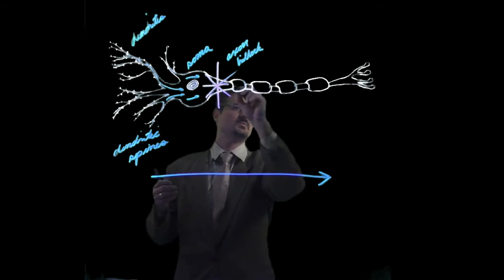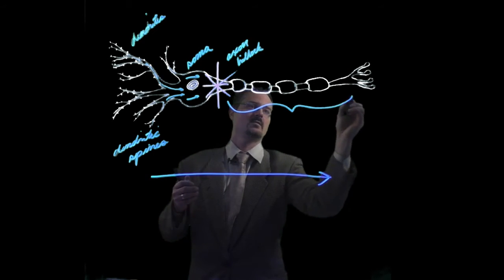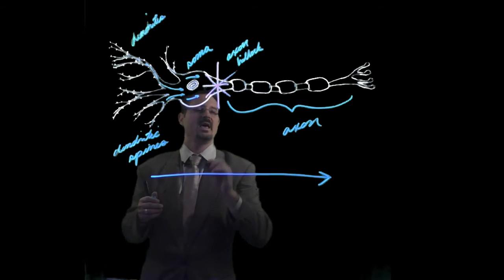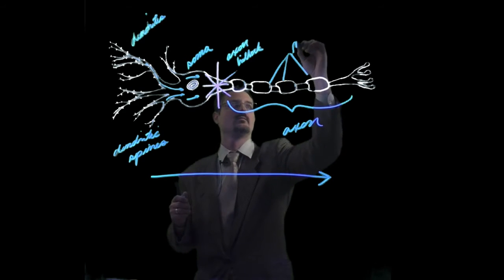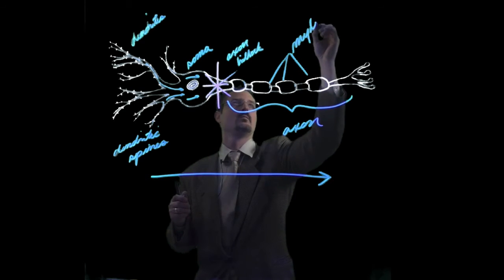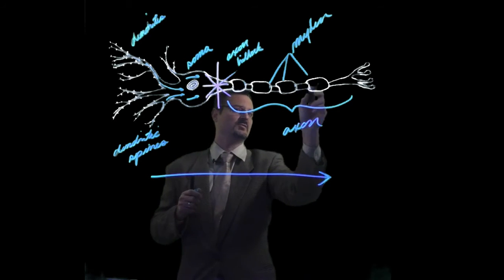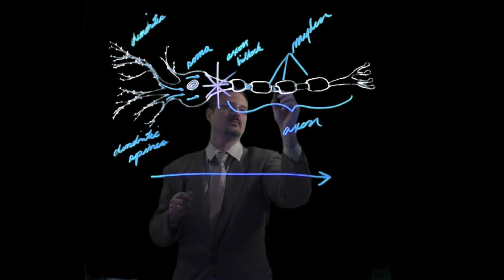Now we call this part of the neuron here the axon. And the axon is covered with myelin. And in between this myelin, we have the nodes of Ranvier.